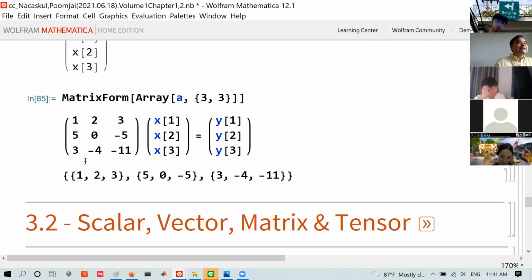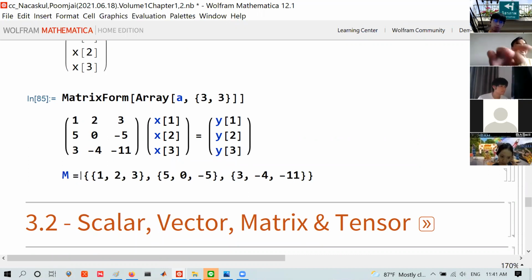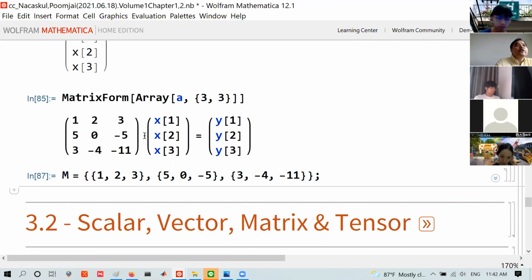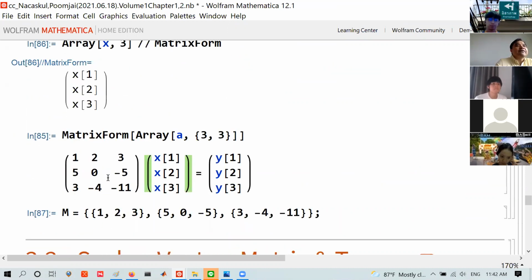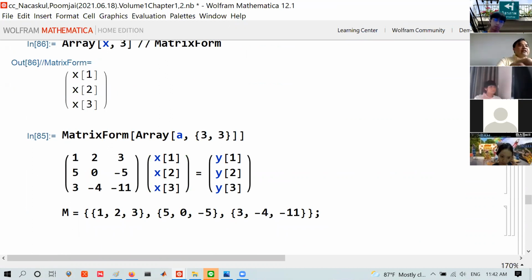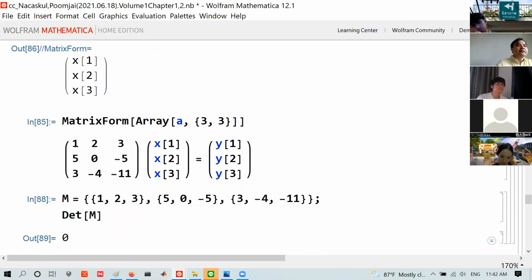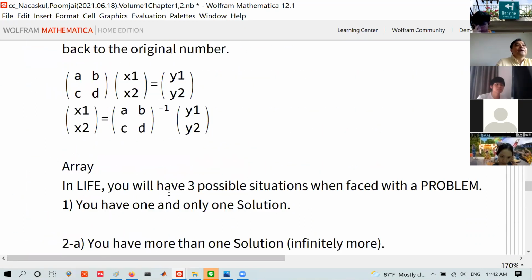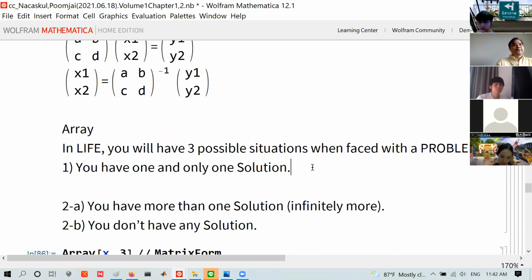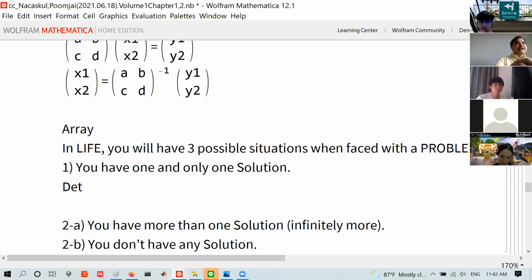This is my mysterious matrix, M equal to this. In order to determine whether or not I have the problem, I just use this function called the determinant of M. And that gives you 0. So here, the determinant of the matrix is not 0.